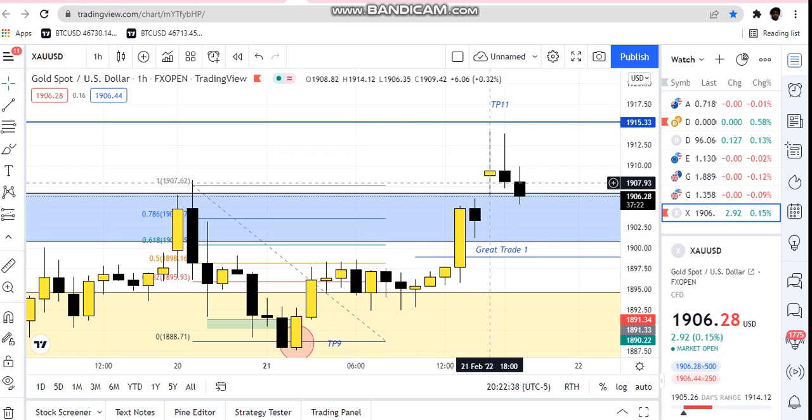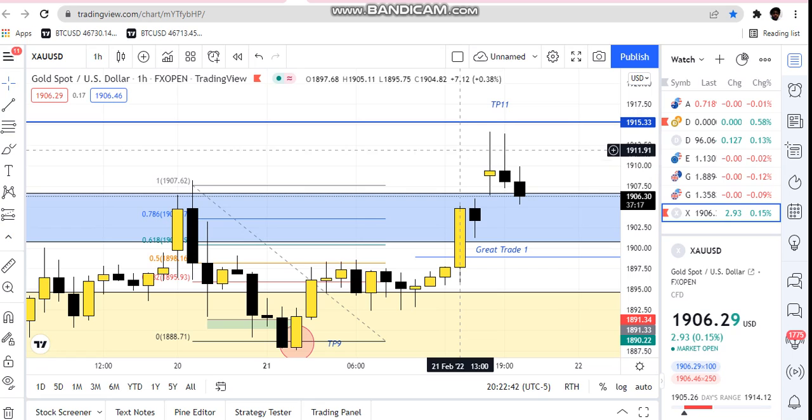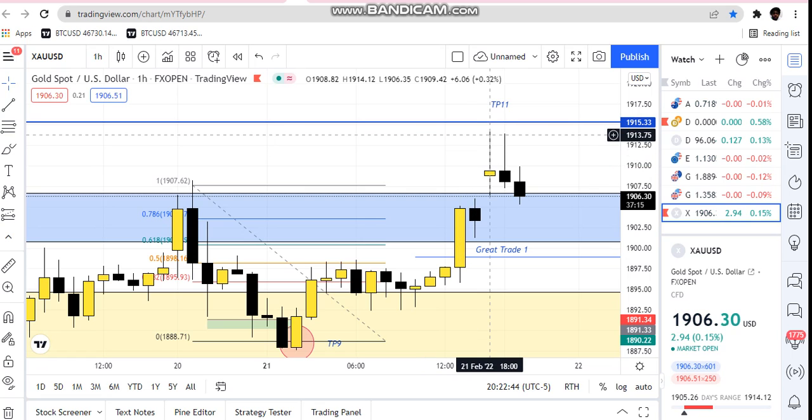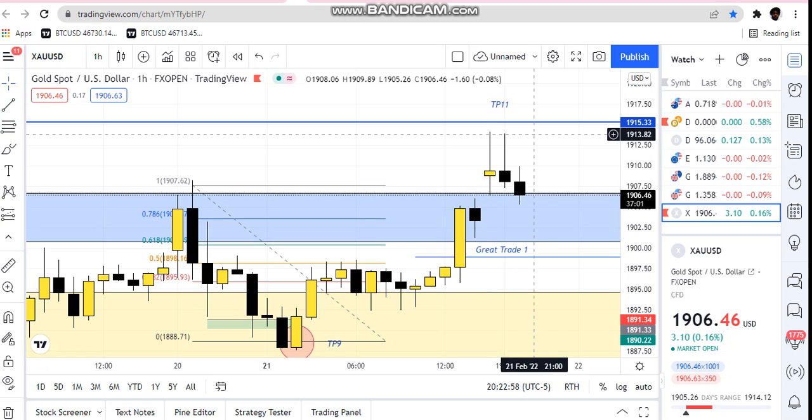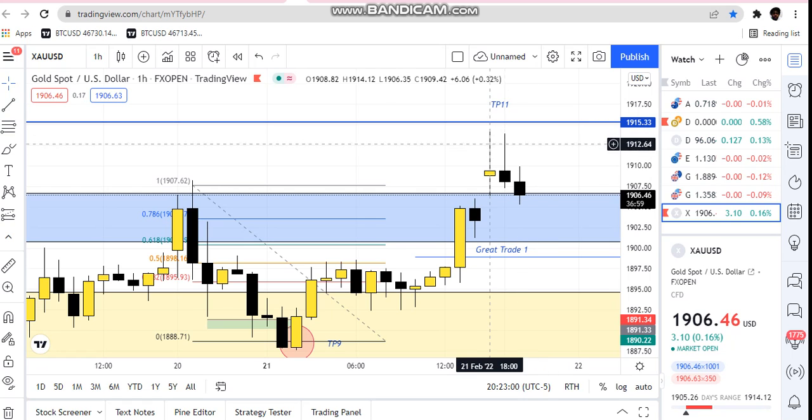First top will be in the direction that price was going in. For the remainder of the day, price was going up. It shows us a tweezer top pattern. The second top will be in the overall direction that price is going in. This tweezer top pattern right here, first top, second top.